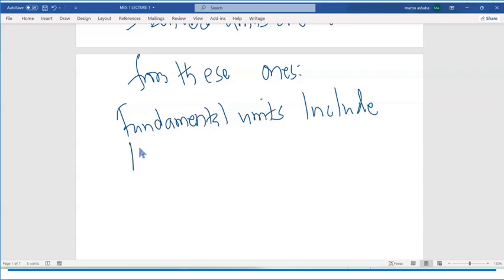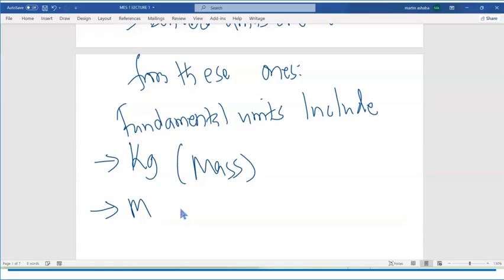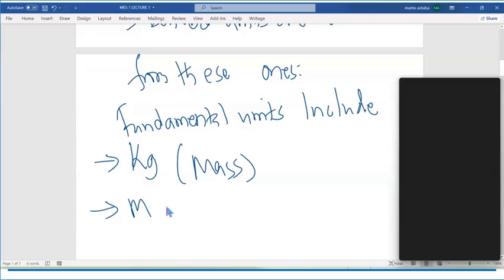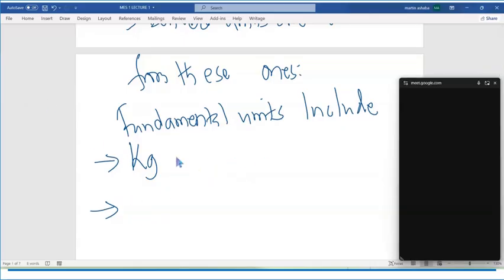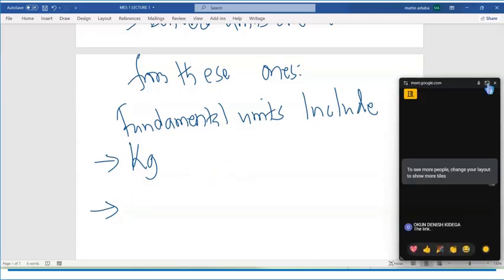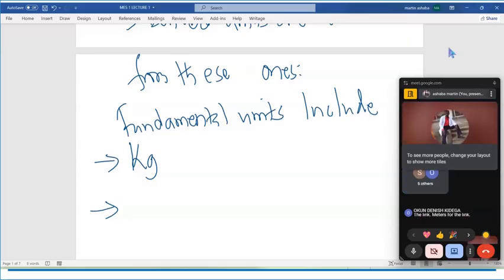We have a kilogram, that is one, and this is for mass. Then another one is a meter, isn't it? Okay, let me write in full. The length. Meter is for the length.